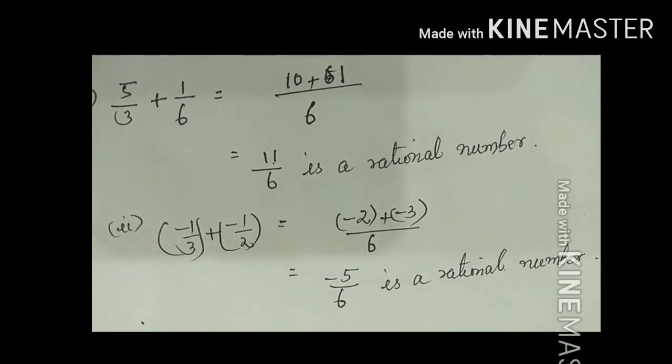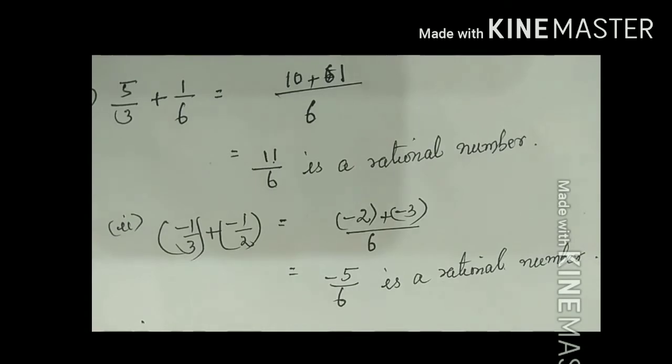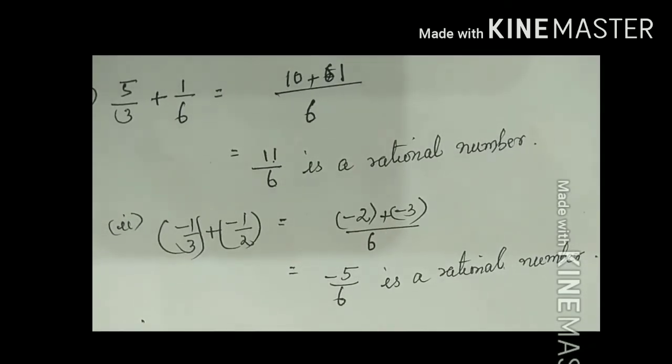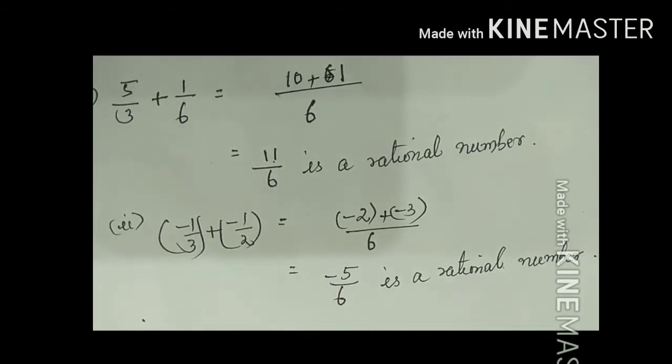It is nothing but: take any two rational numbers, and their sum will also be a rational number. This is what is called the closure property. Let me repeat once more: take any two rational numbers, take their sum, and the sum will also be a rational number. Clear?